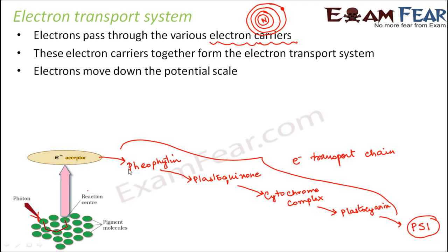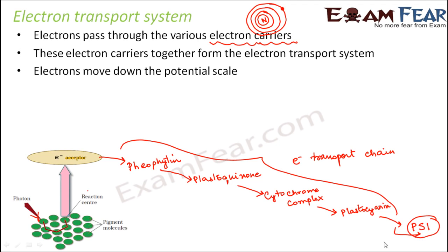Now it wants to come down to lower energy levels. So it moves down the potential scale and moves on from one electron carrier to another. It passes through all these electron carriers which together form the electron transport chain, and finally the low energy electron is passed on to PS1.